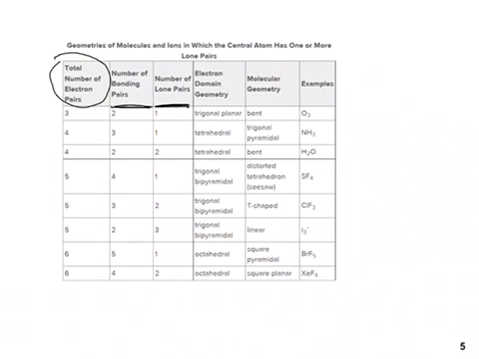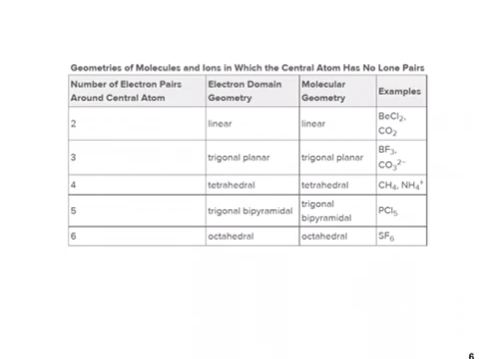And then this chart tells you the electron domain geometry and the molecular geometry of each of those. This chart tells you, if there are no lone pairs, their electron domain geometry and their molecular geometry. So these two are nice little cheat sheets, but they're only helpful if you've drawn your Lewis structures correctly.